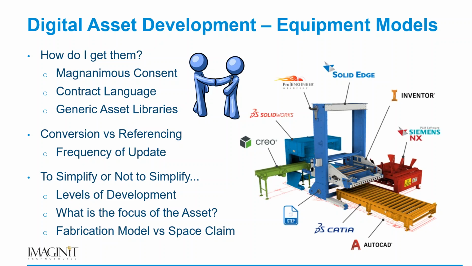Now, let's say you do get the model. Let's say you get a really nice model, but it's not in the software you typically use. So a lot of software can do what's called referencing rather than conversion. With conversion, you are converting something from a non-native file to a native format. If things never change, if you're never getting updates from that model, that's an okay thing to do. You can convert it.